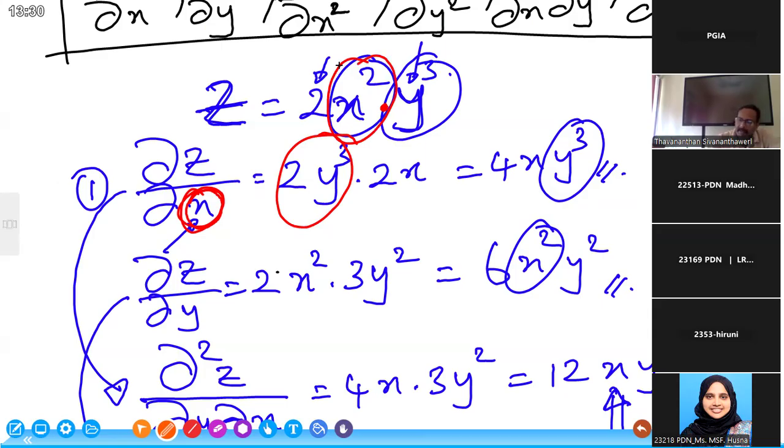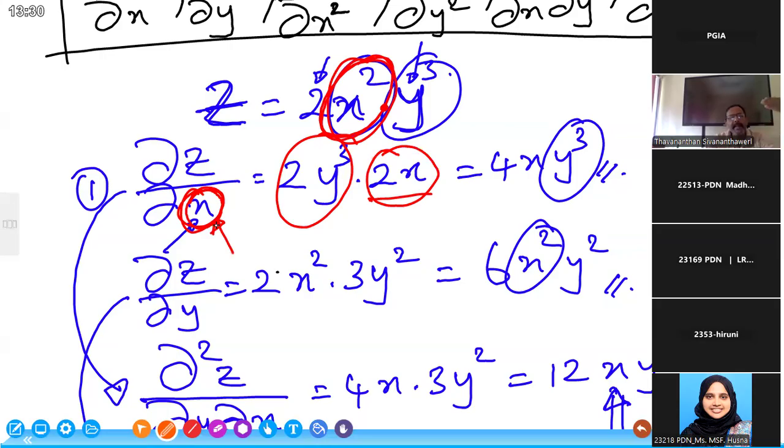Here, when multiplied by y, we didn't mention x square. It comes as 2 from the previous equation. So when you differentiate x square, it is 2x, isn't it? Because we are differentiating with respect to x.